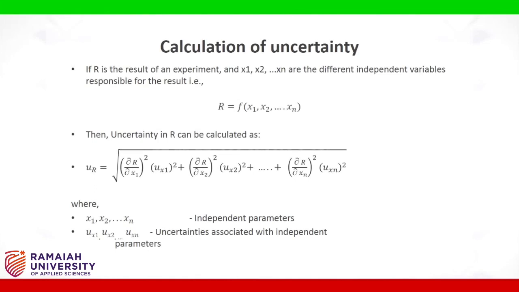If R is the result of an experiment and x1, x2 up to xn are the different independent variables responsible for the result, then we can write the result R as a function of independent variables x1, x2 up to xn. Uncertainty in the result R can be calculated as shown.